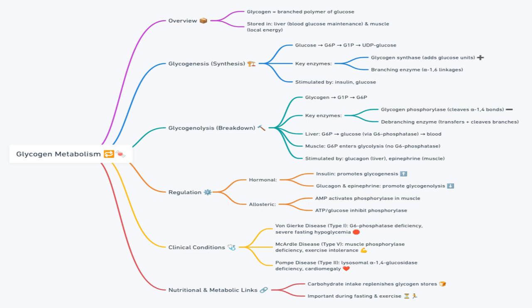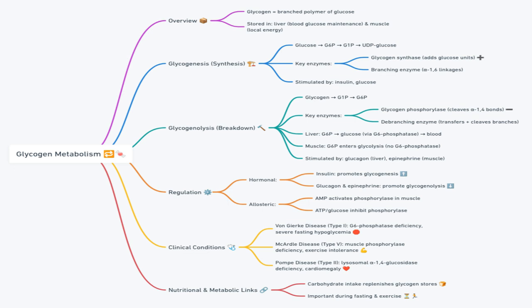Type 1, von Gierke disease, has the deficient enzyme glucose 6-phosphatase, with an incidence of 1 in 200,000, and the site of the deficiency is the liver and the kidneys.